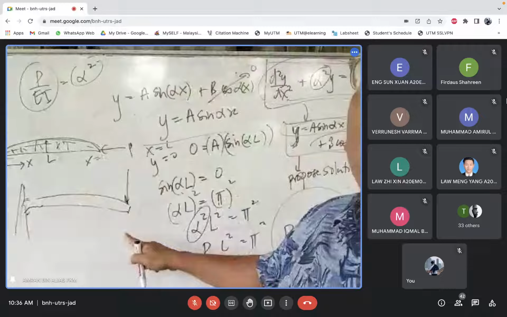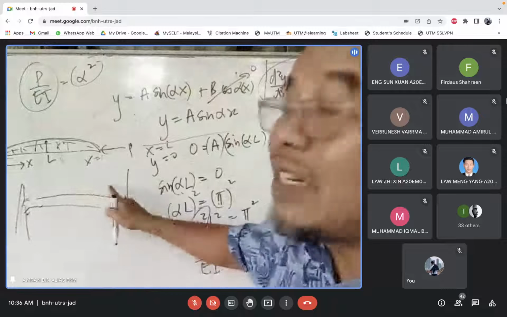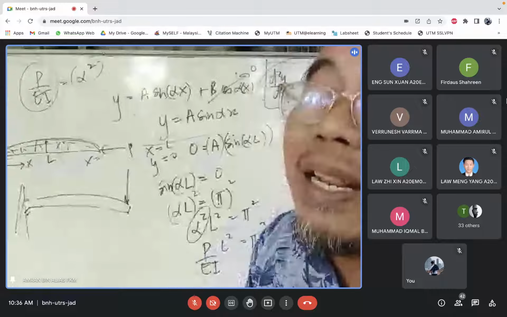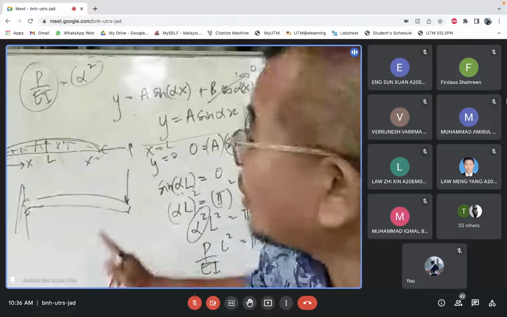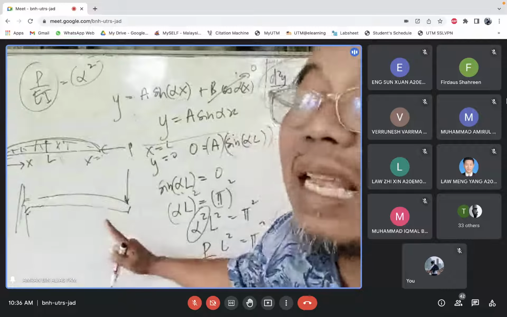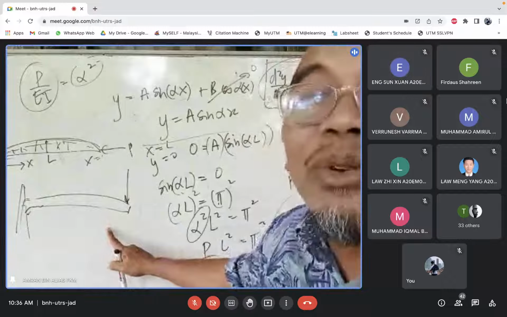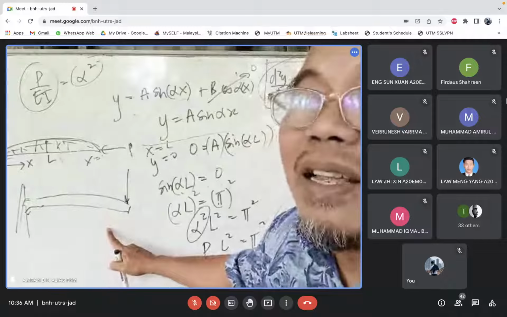See that? Yes. This is the real free body diagram, not the before bending. But you learn this in when? Yeah, when you do your master's class.